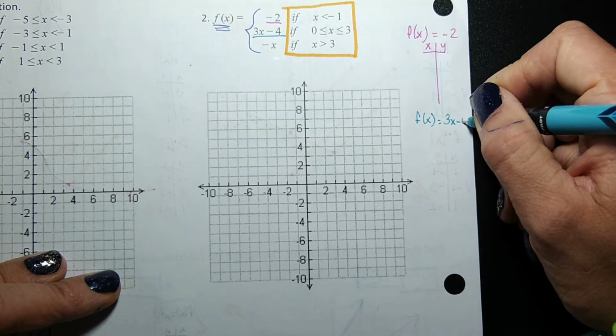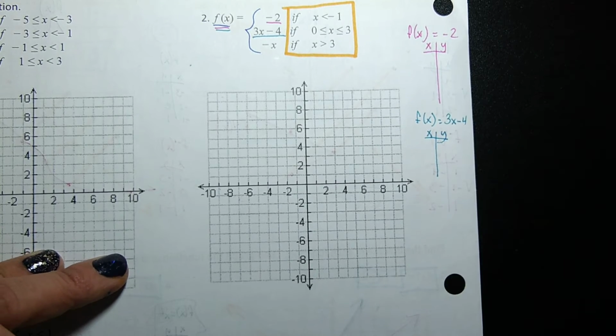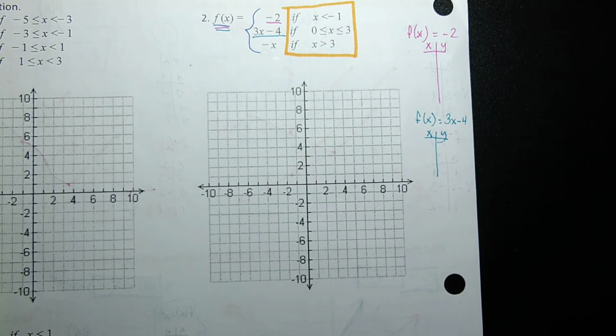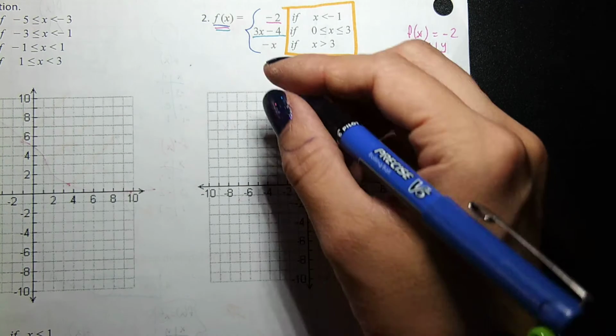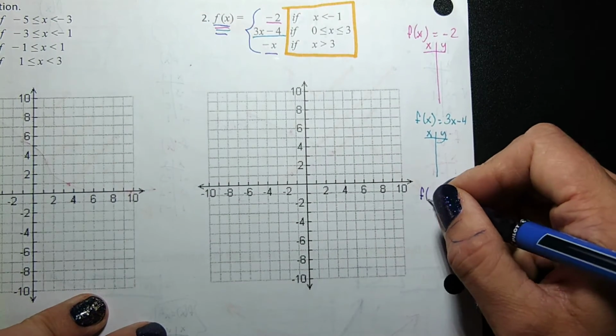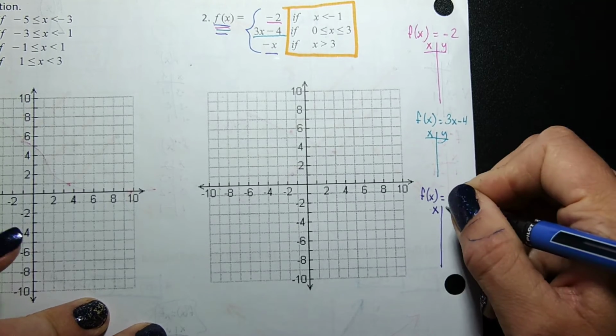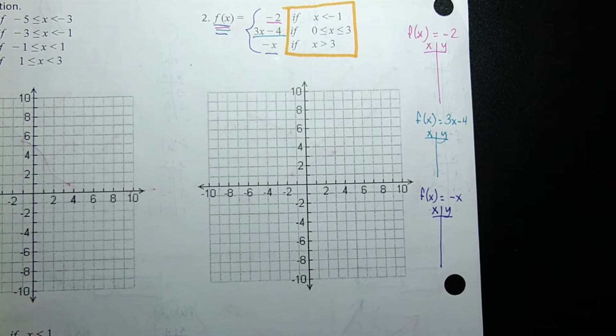And folks, I strongly recommend writing those function names above the table so that you know where you are plugging in those x values that we will eventually pick. And our last function piece, f of x equals -x. So we make a table for each function piece.